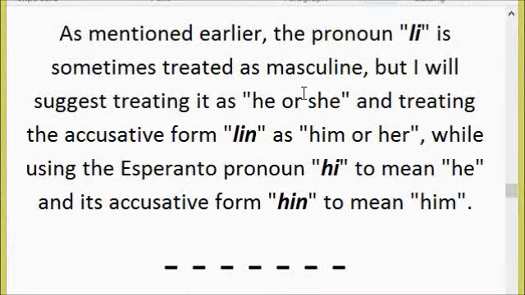As mentioned earlier, the pronoun li is sometimes treated as masculine, but I will suggest treating it as he or she, and treating the accusative form lin as him or her, while using the Esperanto pronoun he to mean he, and its accusative form hin to mean him.